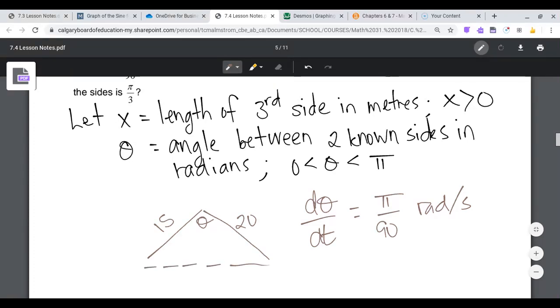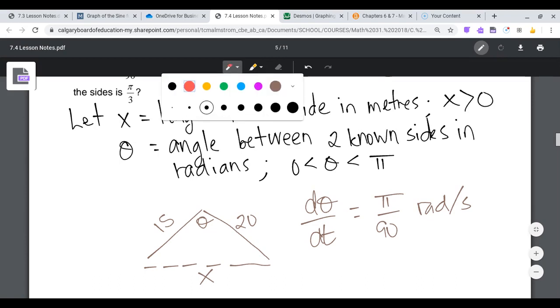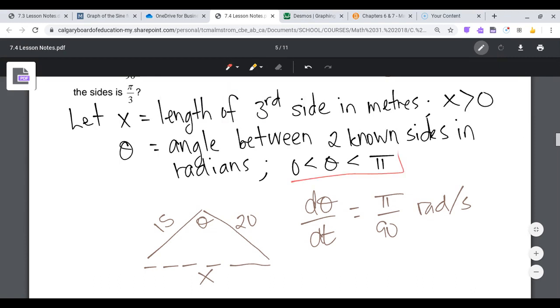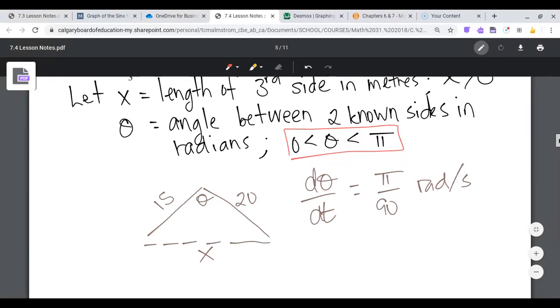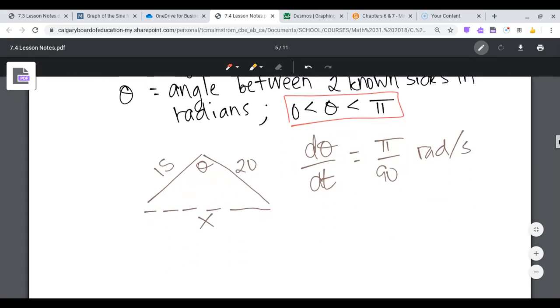So there is some third side across that I have said let that third side be x. So theta is the angle between the two. And notice how I gave my restriction for that angle to be between 0 and pi. Okay, so he can go from anywhere from 0 to 180 degrees. He hit 180 degrees and we no longer have a triangle. Okay. All right, what else do we know?